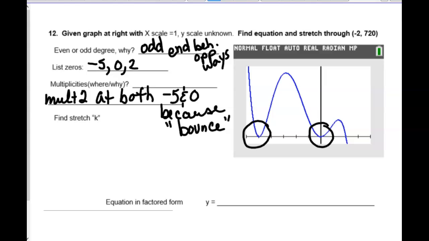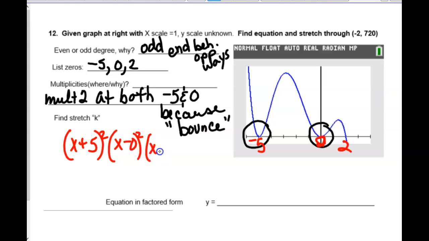All right. Now I need you to write the factors very carefully. Negative 5, 0, and 2. Okay, go ahead. x plus 5 squared, and then x, you could write minus 0 if you want, doesn't matter. The point is negative 2 and 720 that we have to put in.